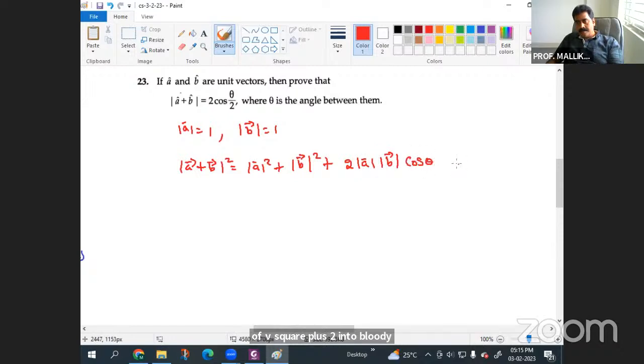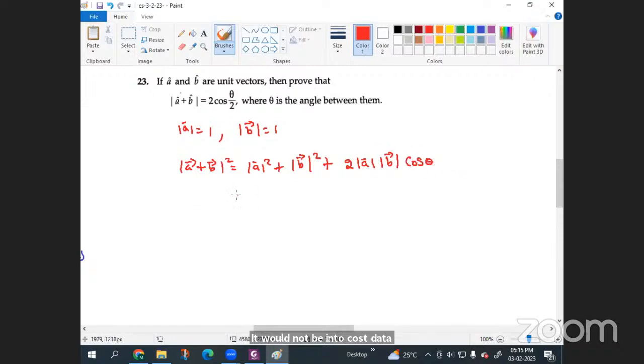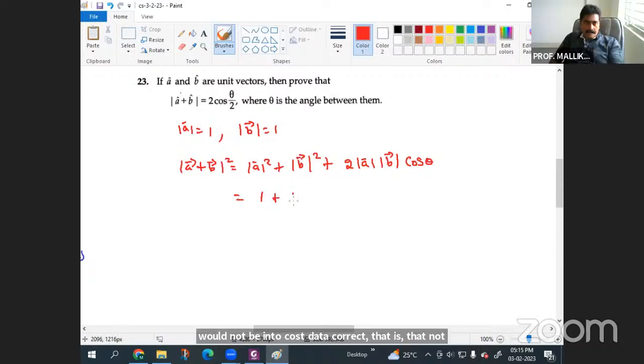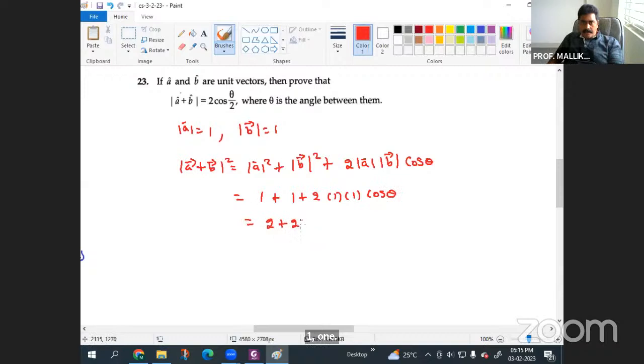Correct? Mod A is 1, mod B is 1, so 1 plus 1 plus 2 cos theta. Take 2 common, 1 plus cos theta.